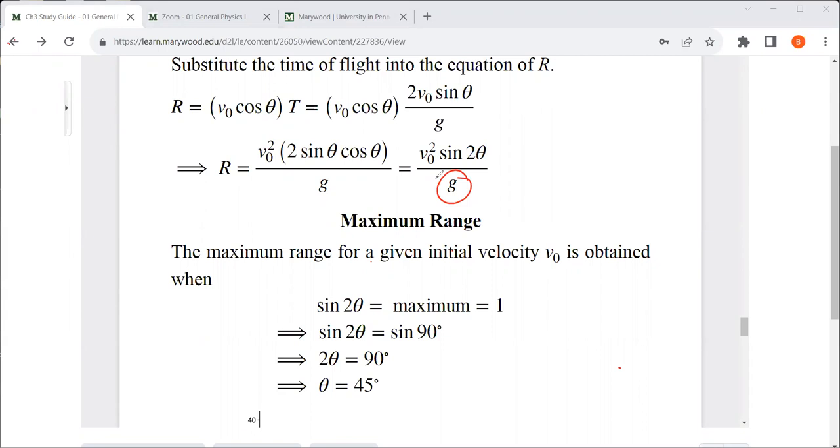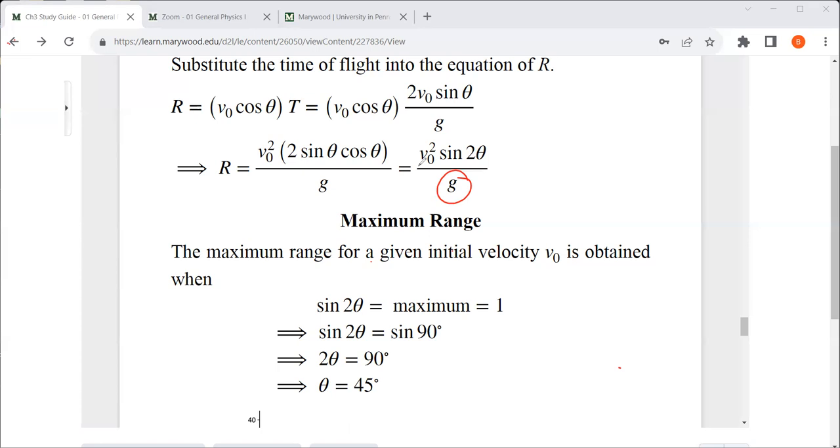We can change v0 or theta. If we change v0, the range will be different, but for a particular initial velocity, I want to know at what angle the range will be maximum.